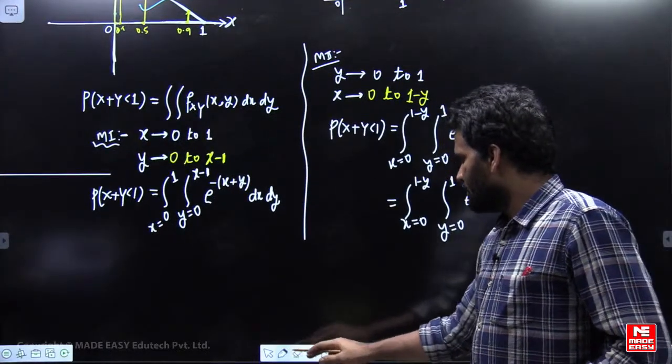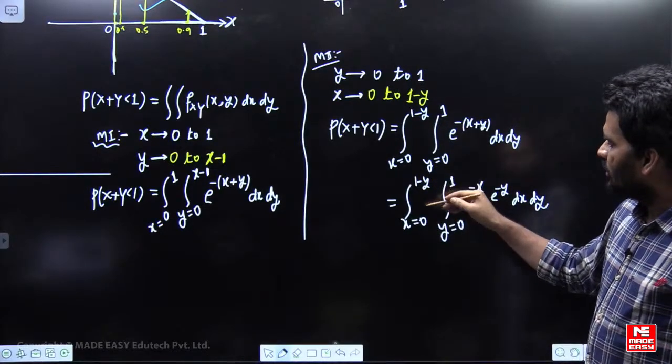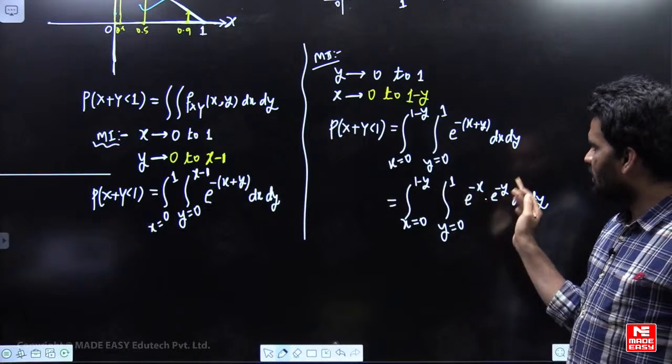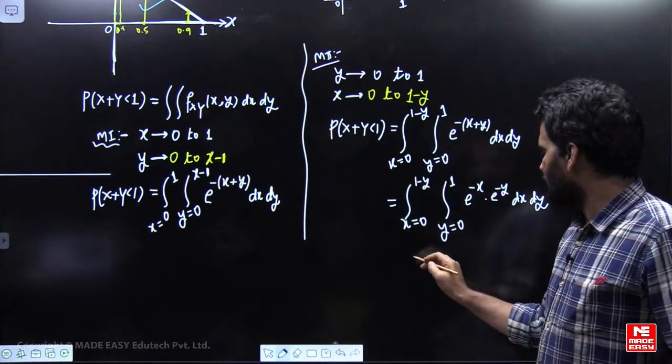So first do integration with respect to x. If you do integration with respect to x and substitute the limits, then the total equation you get is in terms of y. Thereafter you can do integration with respect to y.